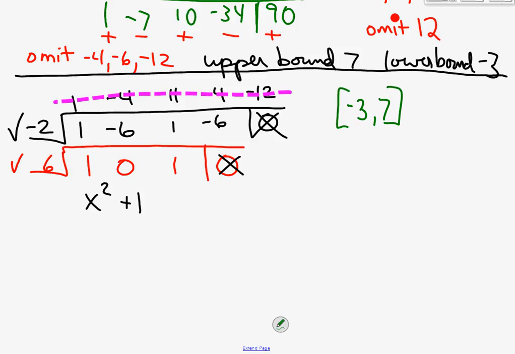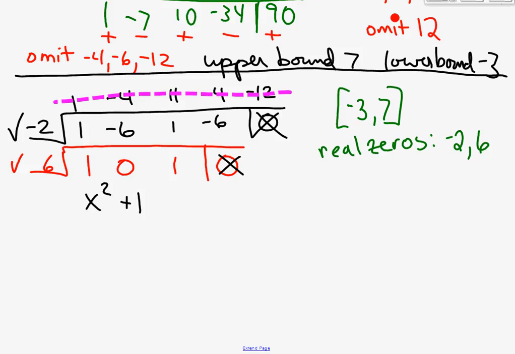And then my real zeros are -2 and +6. Those are the ones that worked. And we know that the other zeros will be complex. So at this point, we're not interested in that. So that's the upper and lower bound test.